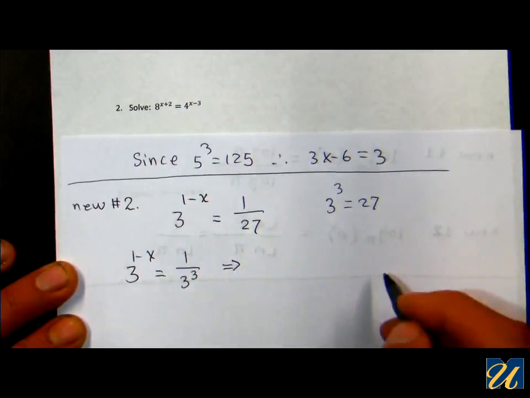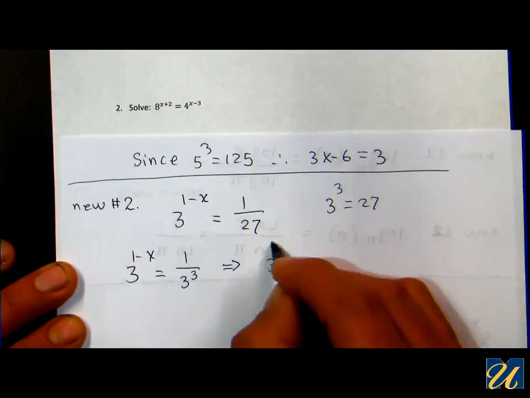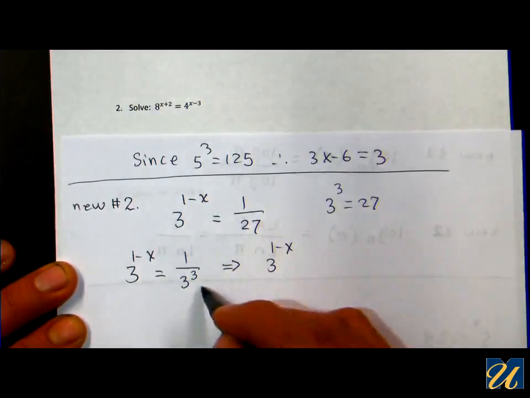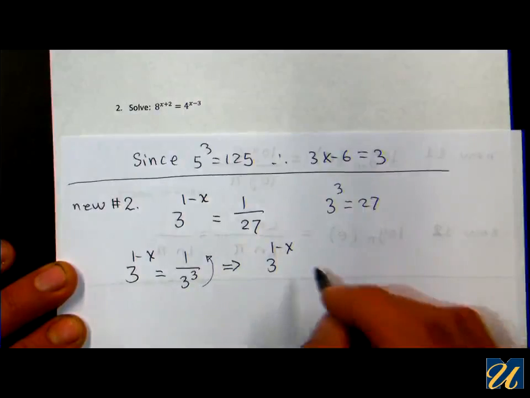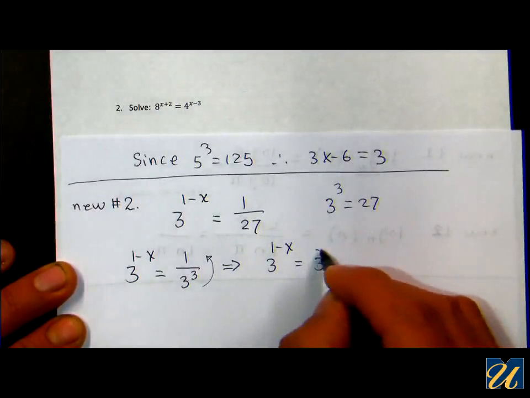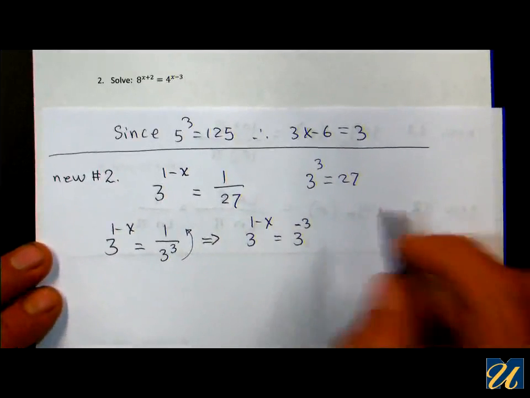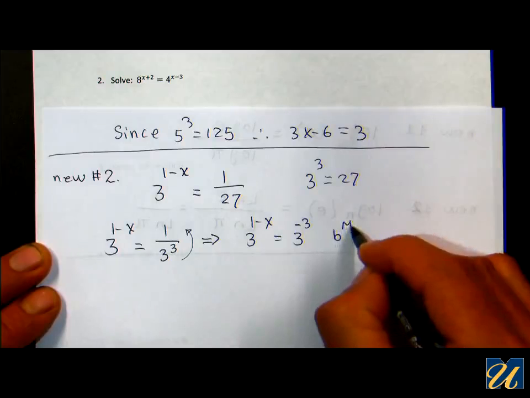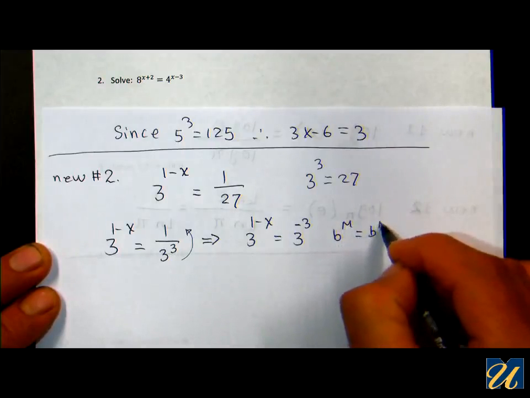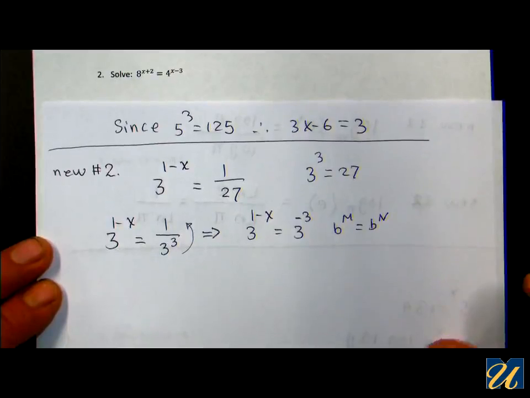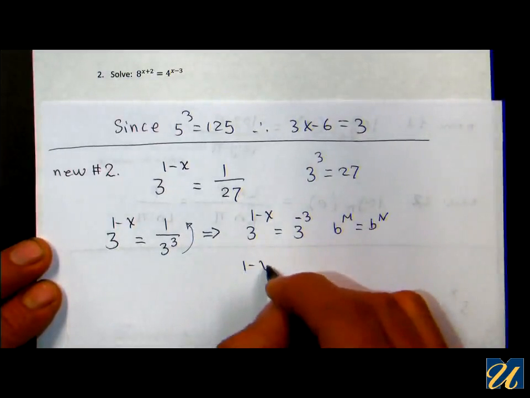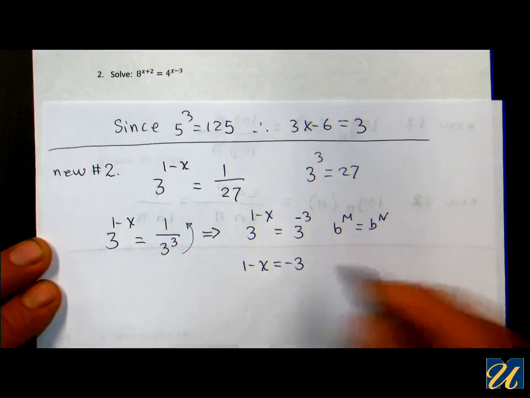From there, I will use a rule of exponents. I'll bring this up from the bottom, and by doing that, the power turns negative. Now we have exactly b to the m equals b to the n, so we can use that property and get 1 minus x must be negative 3.